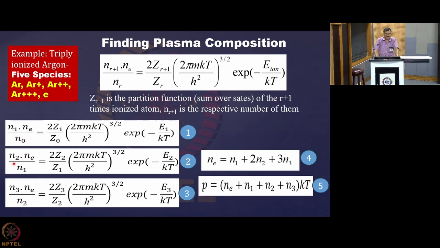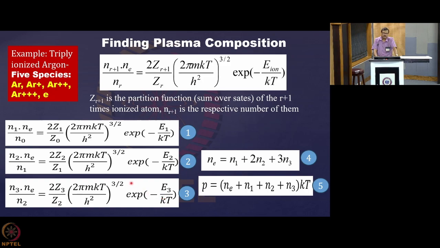For the second ion, N2 Ne by N1. And for the third ion, we are writing N3 Ne by N2. And on the right side, you are seeing that these are the partition functions. So this is the first ion's partition function divided by the neutral's. Similarly, second ion by first ion, then third ion by second ion.